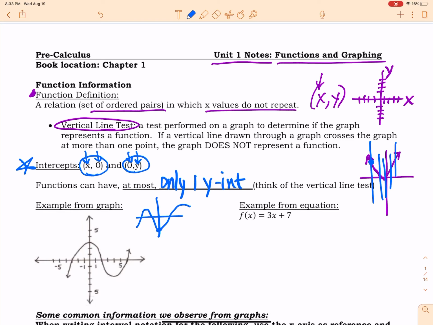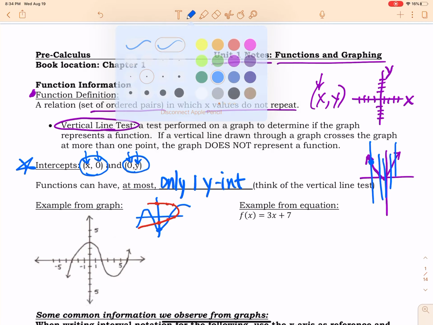So it can only have one y-intercept. But if I have a graph that does this, see how it shares these x values right here? And it has two y-intercepts. That's not a function. So the red graph is not a function.